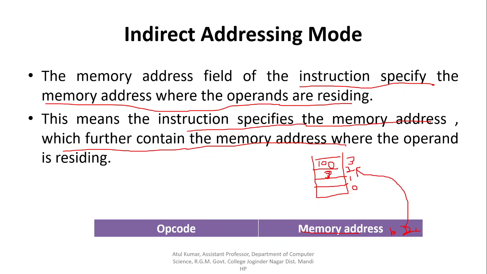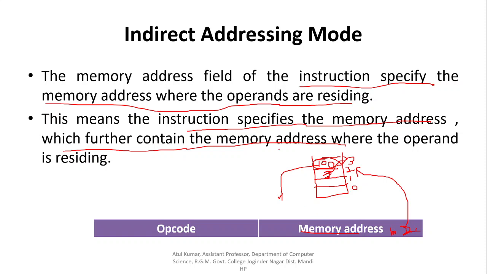This again is a memory address, location 3. So it will go to the third location, and there we have the content, the operand, 100. So it is an indirect memory addressing mode.